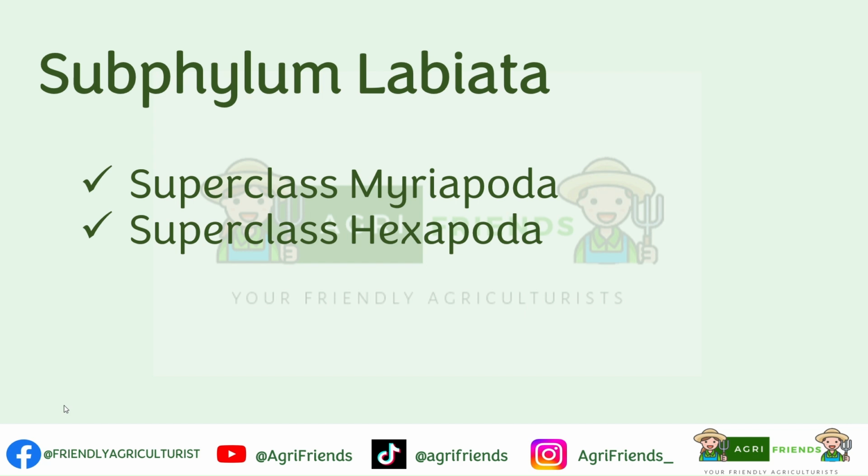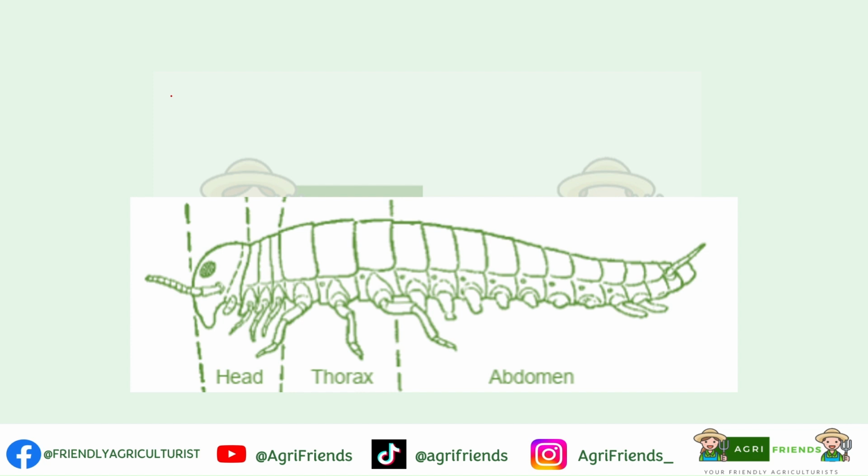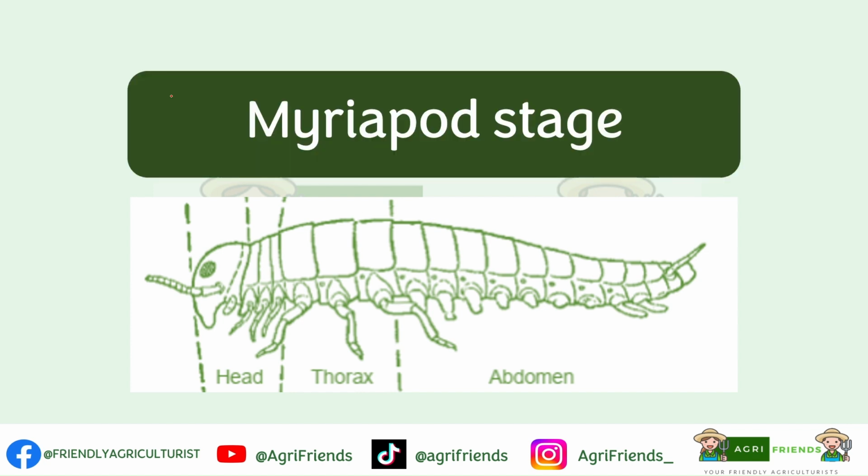The next group of arthropods is under the subphylum Labiata. The term Labiata is a Latin word for lip, and there are two superclasses under this subphylum, the superclass Myriapoda and the superclass Hexapoda. This group differs from the other arthropods by the presence of mandibles. So this stage of the insect development is referred to as the myriapod stage, which is the closest relative of the hexapods.